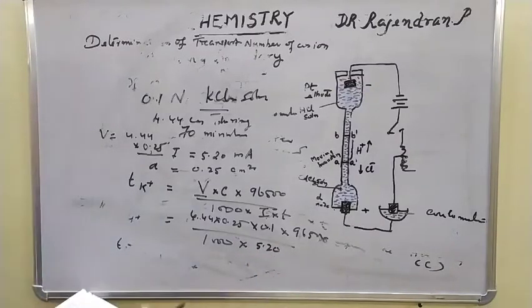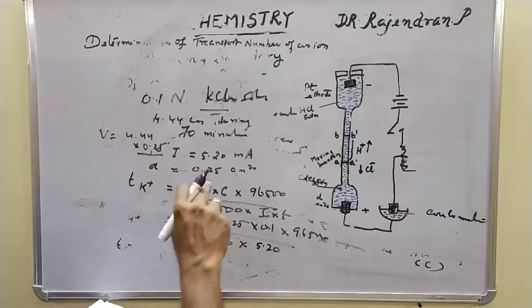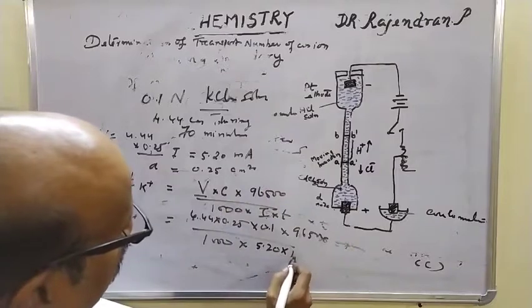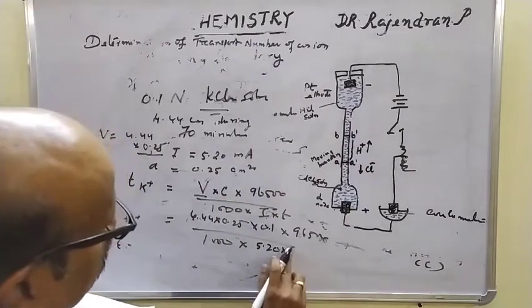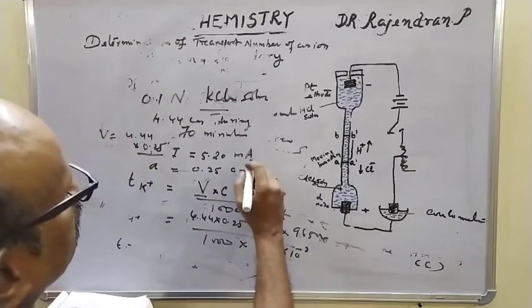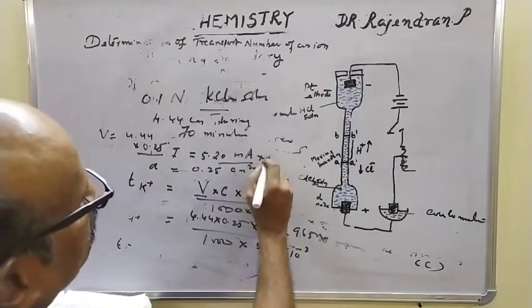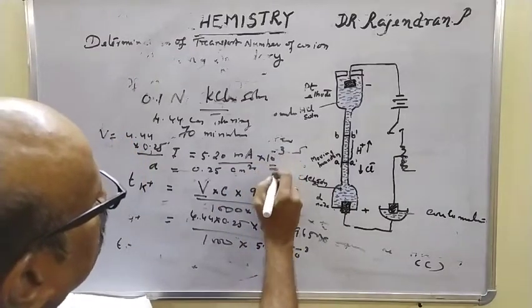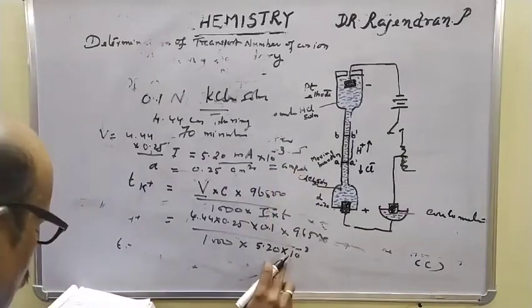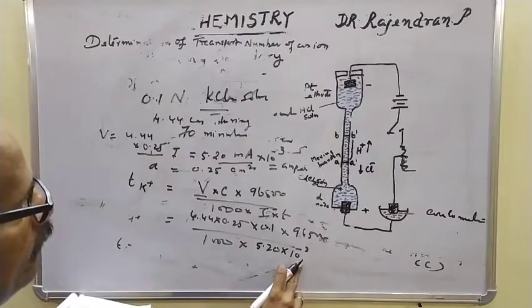The milliampere is converted to ampere by dividing by 1000, that is 10 raised to minus 3. So 5.20 into 10 raised to minus 3 ampere.